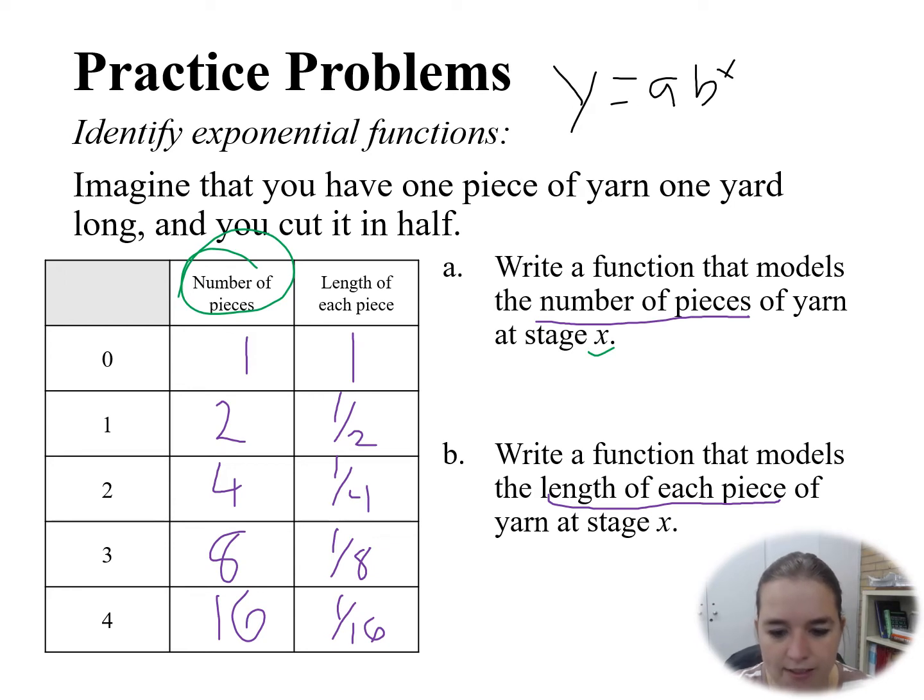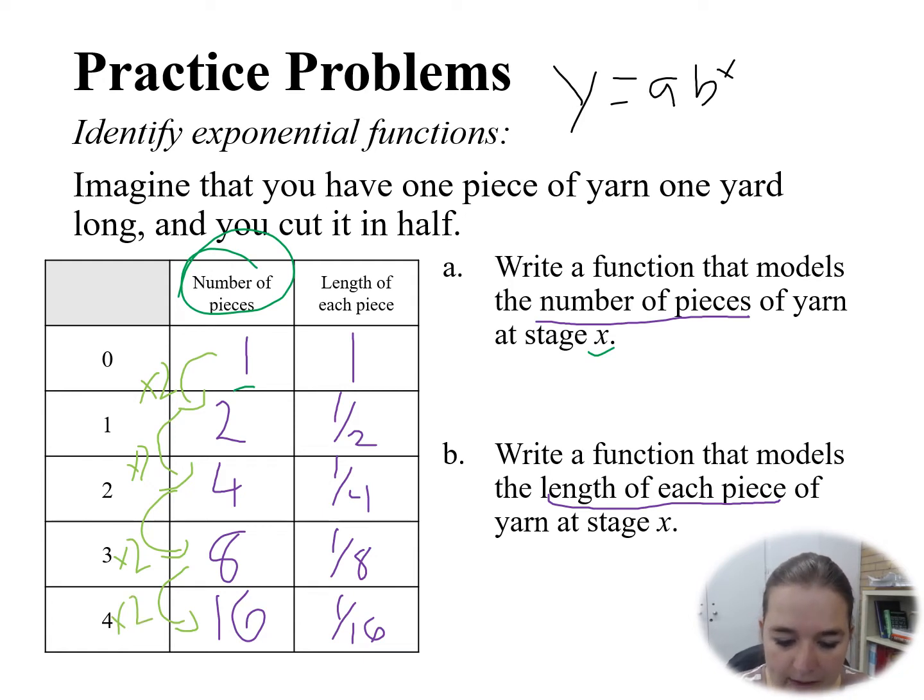Well, I see that I have a y-intercept of 1, and I have a change. My change each time, when I go from 1 to 2, well, it doubled. It doubled. It doubled.